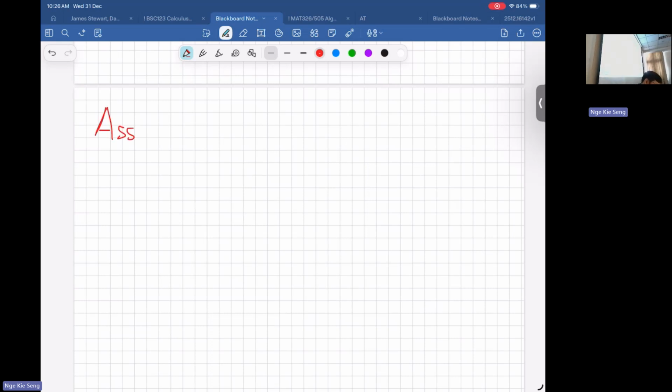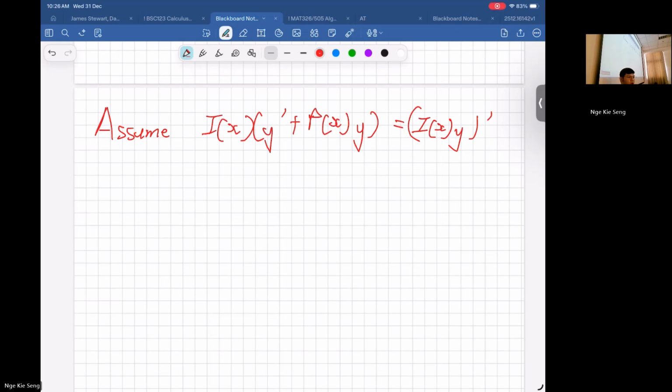So we assume that I(x) is the thing that you multiply into the left-hand side of your first order linear equation such that you get this product rule condition. You assume this is true.